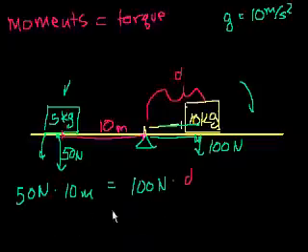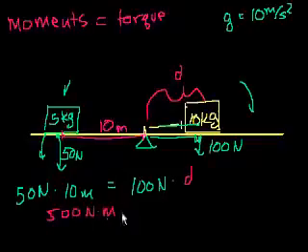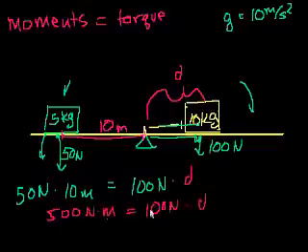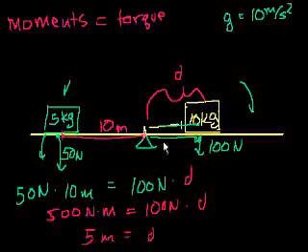And then we could just solve for d, right? We get 50 times 10 is 500 newton meters is equal to 100 newtons times d. Divide both sides by 100, you get 5 meters is equal to d. So d is equal to 5.